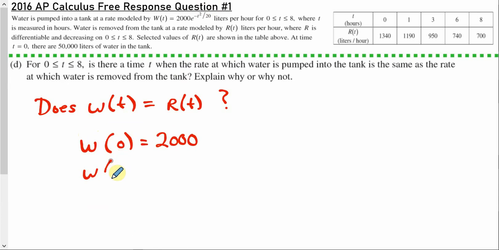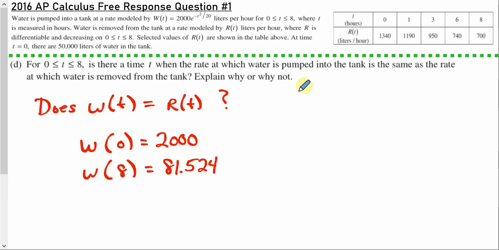Now, if I find W of 8, I find that it's 81.524. Now think about it logically. If I'm starting at 2,000 and going down to 81, is that going to cross this one that starts at 1340 and goes down to 700? Yeah, it's got to.